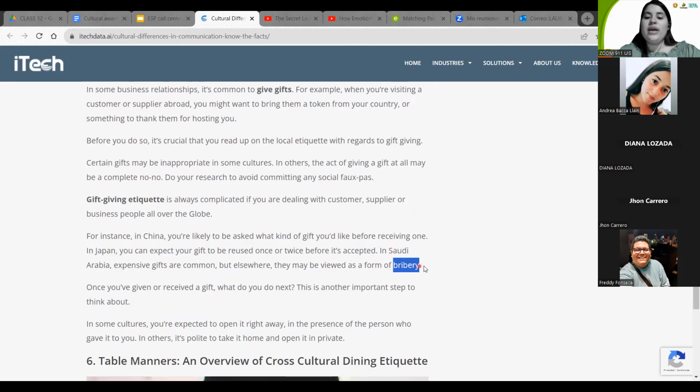Oh, okay. So it's like paying someone. For example, imagine you're driving your car and it's pico y placa day, right? A police officer or transit officer tells you, okay, you cannot drive because it's your pico y placa day.